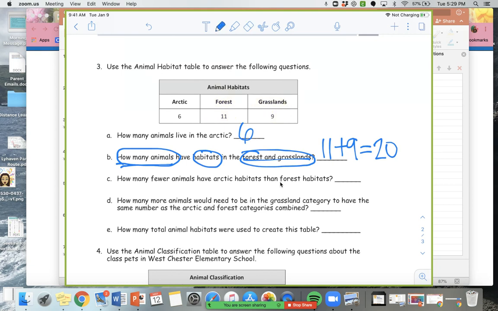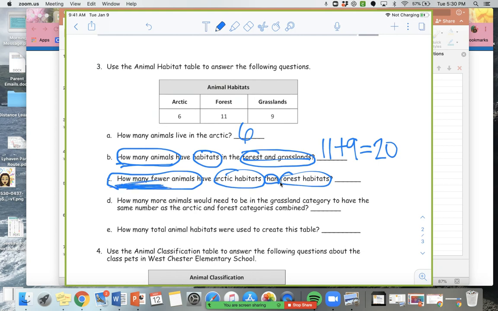How many fewer animals have Arctic habitats than forest habitats? Let's look at the keywords. How many fewer animals? And my friends, you can just circle phrases. You don't have to circle each individual word. Okay? Arctic habitats, then forest habitats. So how much more or how many fewer?